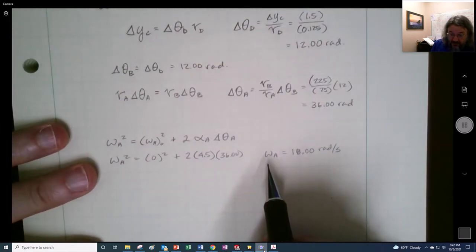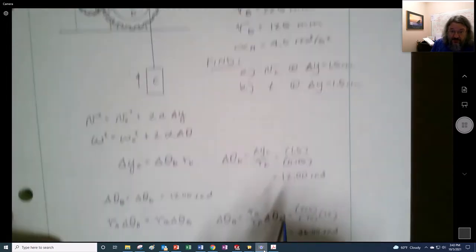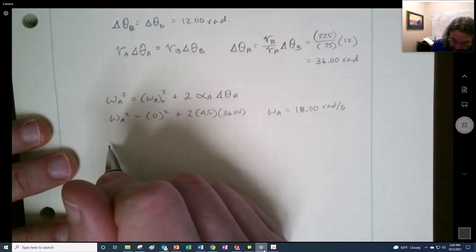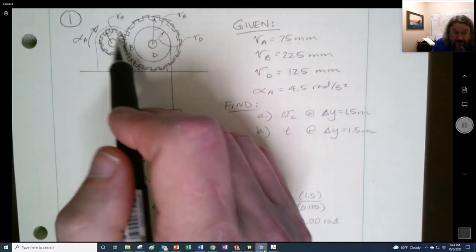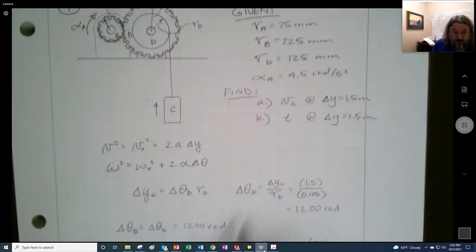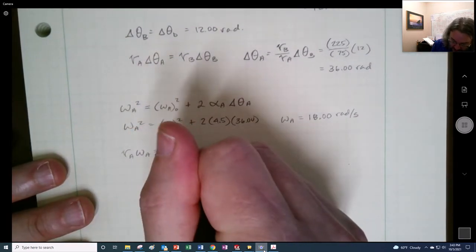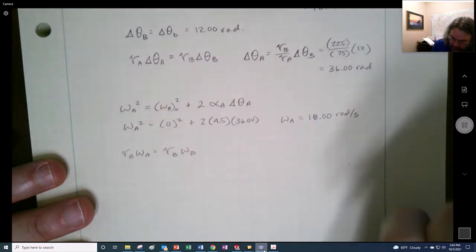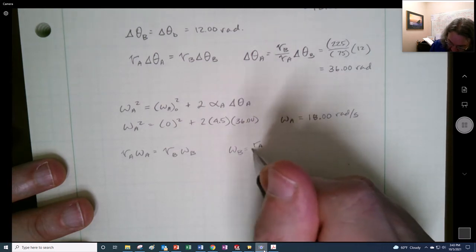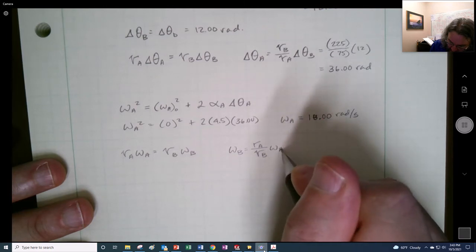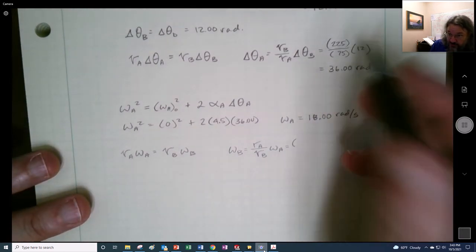Now that is the speed of gear A when this thing has moved up this distance, but now we need to know the velocity of C. So we're going to work backwards and say that the velocity along the perimeter of A is going to equal the velocity along the perimeter of B. So R_A omega A is equal to R_B omega B. So omega B is going to be equal to R_A divided by R_B times omega A. Once again, we don't need to use millimeters or meters because these are just a ratio.